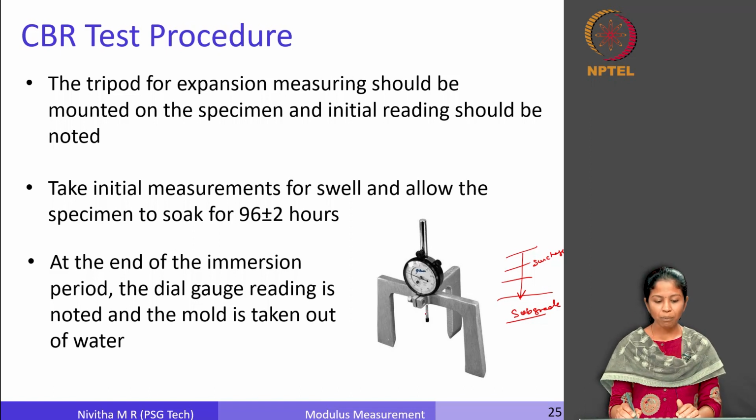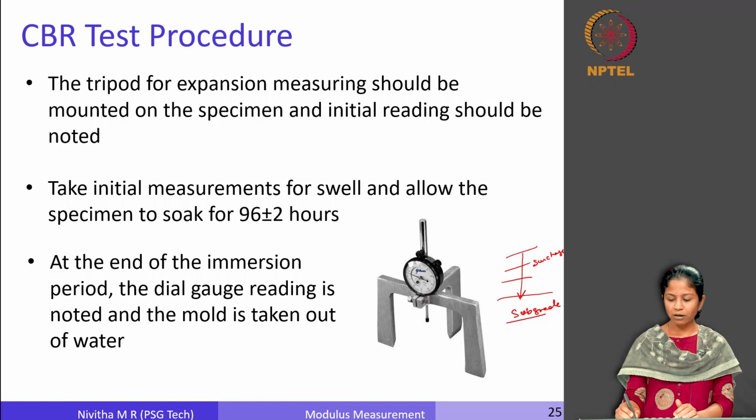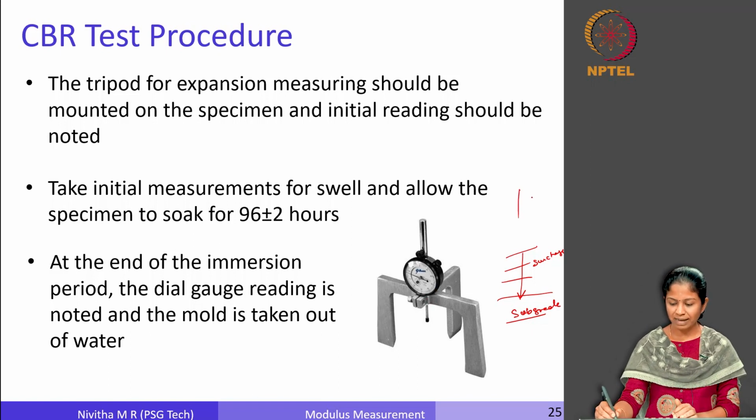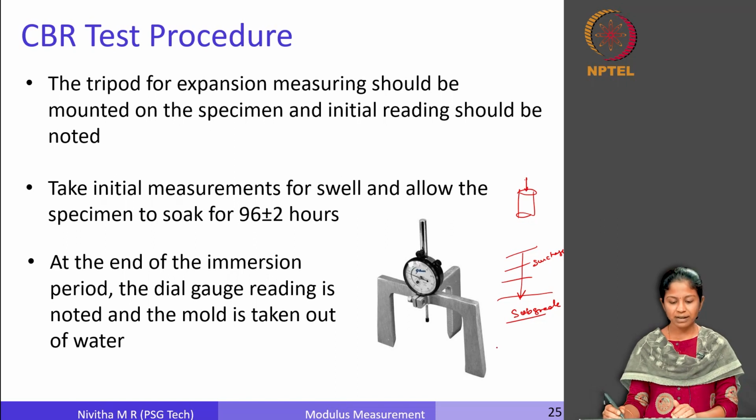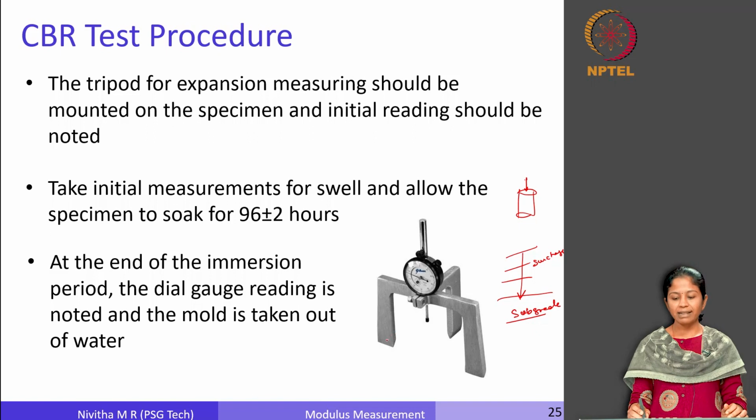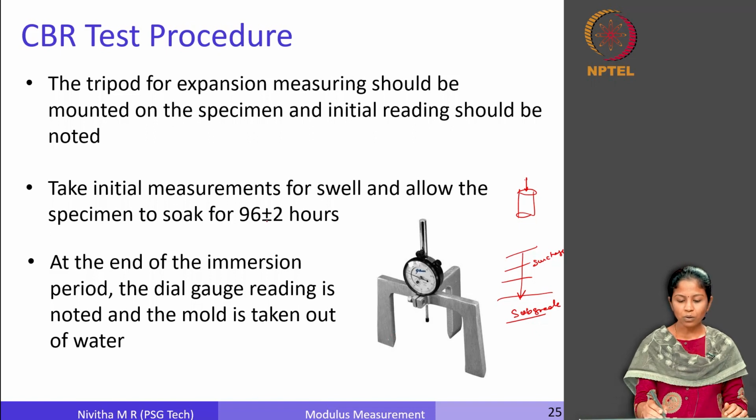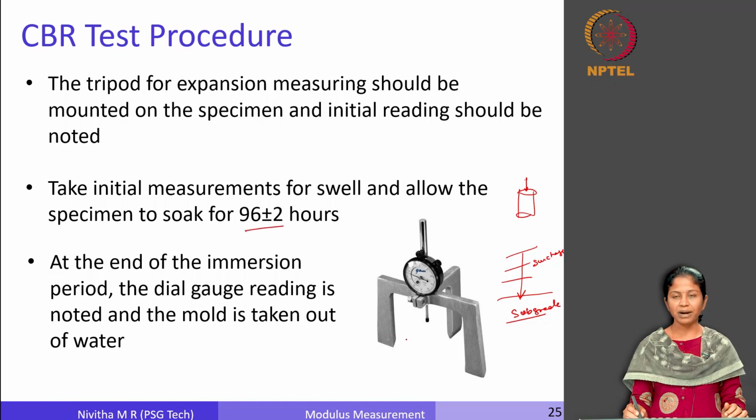So, you have a tripod. This tripod is mounted on the sample. So, this is my sample in the soaked condition. I am mounting my tripod on the sample and I am taking the initial reading. Then once you take the initial reading, it is allowed to soak for 96 plus or minus 2 hours. This is the standard time which is specified for soaking the specimen.